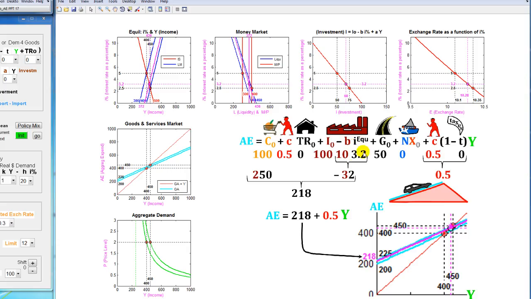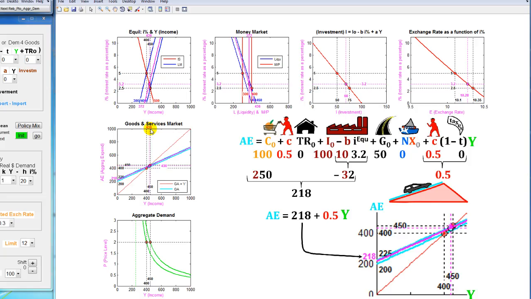So if you use 3.2, you have minus 32. 250 minus 32 is this, so the new intercept should be 218.